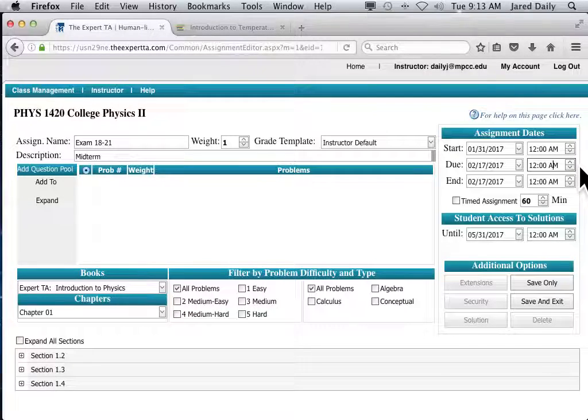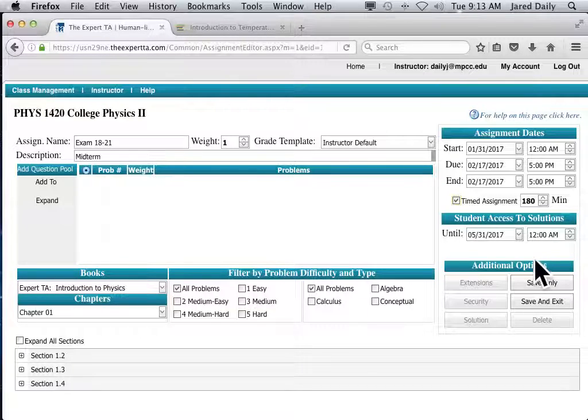I believe the Success Center closes these days on Fridays at like 5 or 6 p.m. We'll make it 5 just to be safe. 5 p.m. Timed assignment, 180.